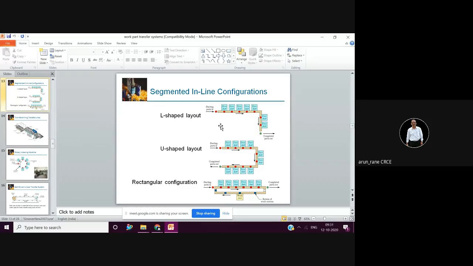Had it been a straight line, then it is difficult, because suppose he is taking 30 seconds and another person at the 10th workstation is taking 1 minute, so it is very difficult for this fellow to reach there and again come back. His time will go in that. So in such cases, U type lines or rotary lines or S type lines are very important.